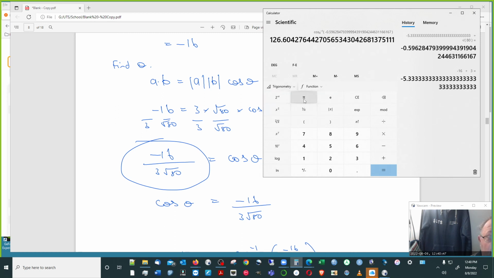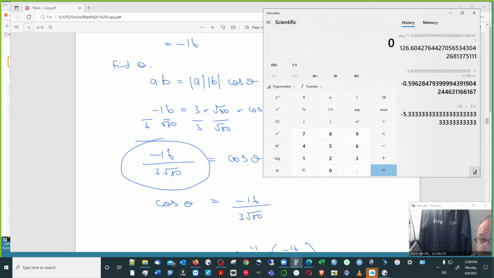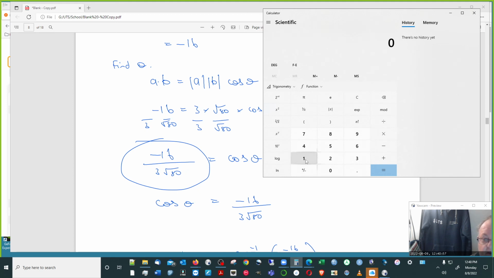Oh, I did something wrong. Thank you. Let's just do that again. This is what I thought I did before. Divided by 3. Actually, let's just try this. 80 the square root.